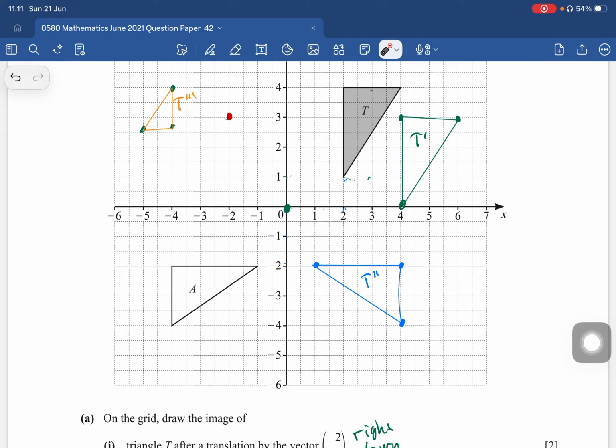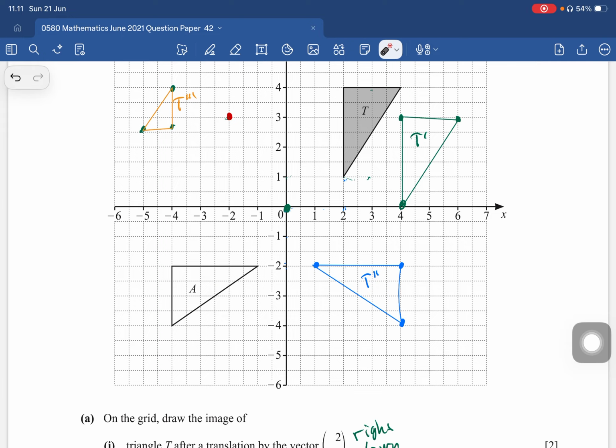When we reflect, it's going to be like this. So here is the reflection in the line y equal to negative x. Here it is, reflection in the line of y equal to negative x. Yeah, here it is. Y equal to negative x.